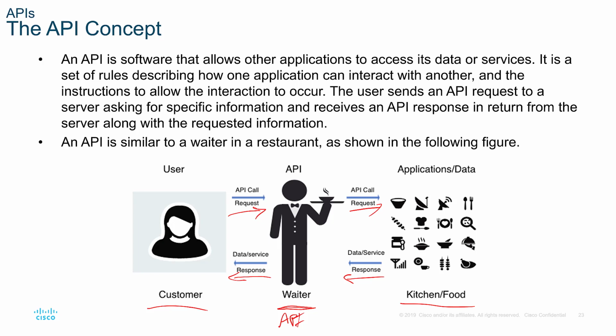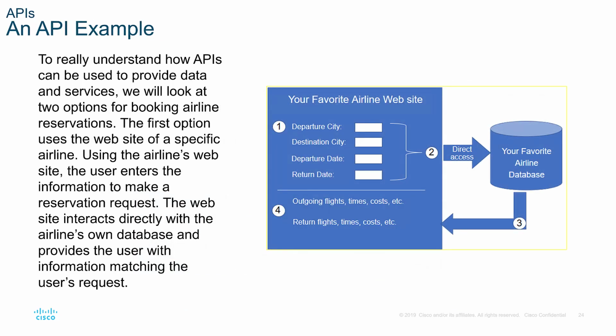Alright, so let's look at an example of an API. So here we have a data format. We input the data that directly accesses some form of database, and then that returns. So that's a general 4-step process. Again, first portion uses the website to pull in data input. The website interacts directly with the airline's own database to provide the user with information.